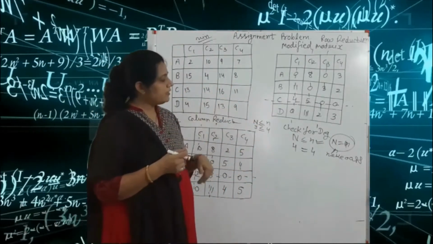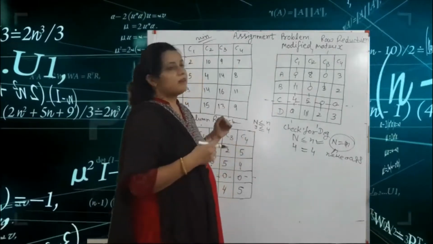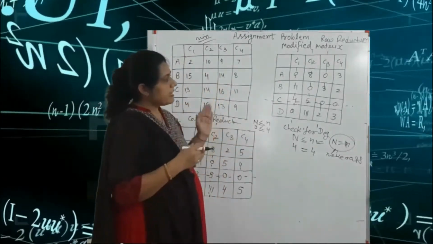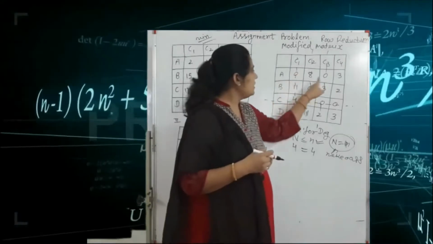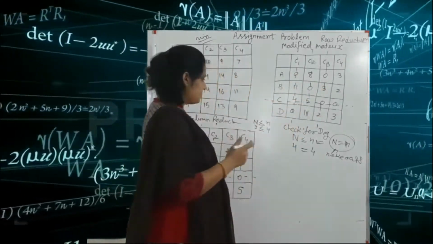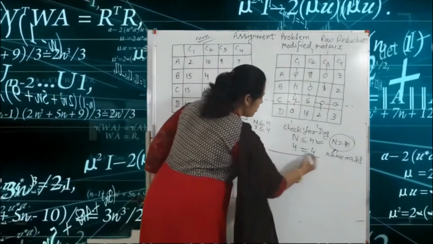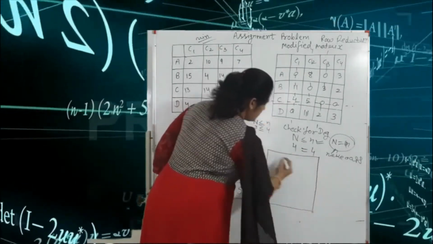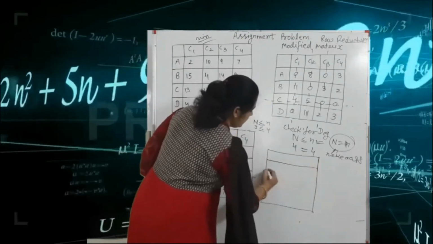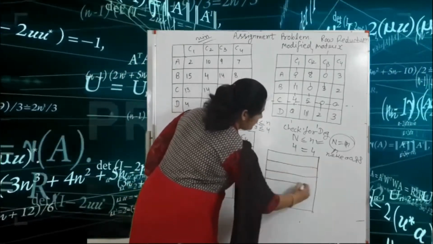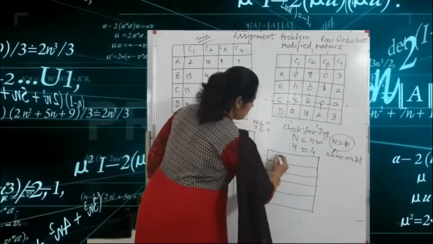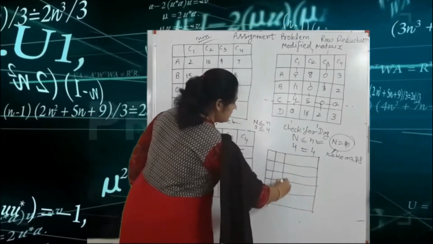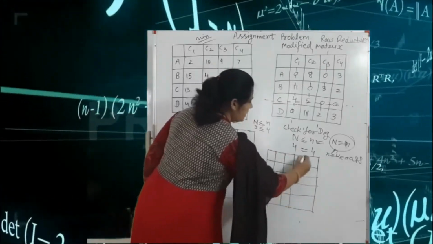So for finding the assignment, we draw the matrix and write only the 0 values. That means in the first row, second row and third row, draw only the 0 values.